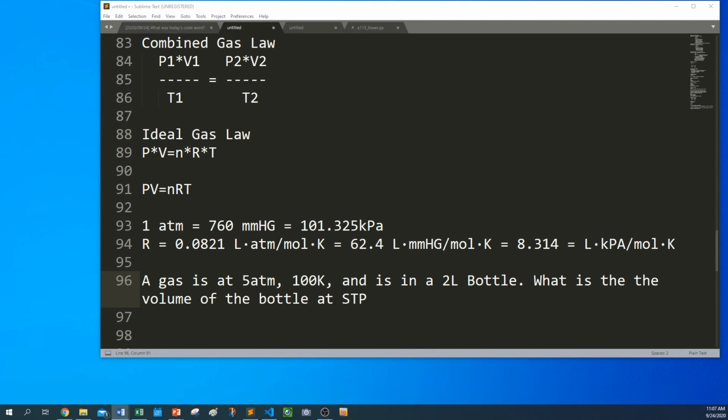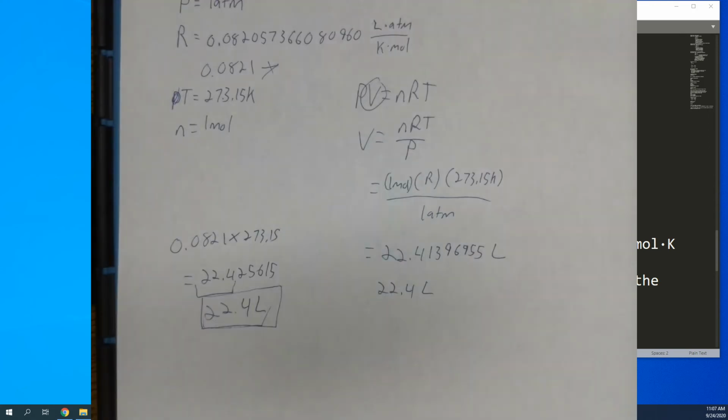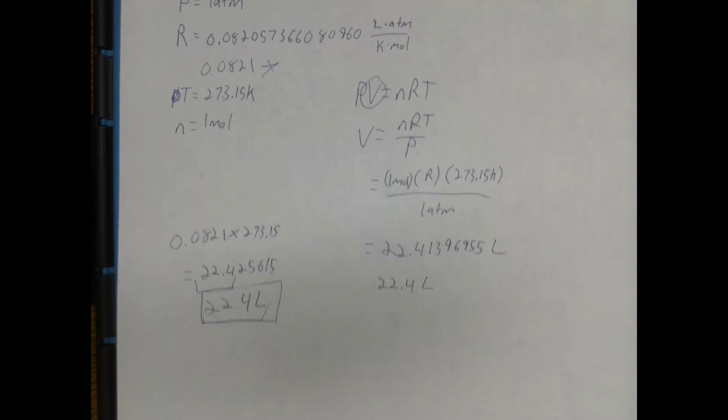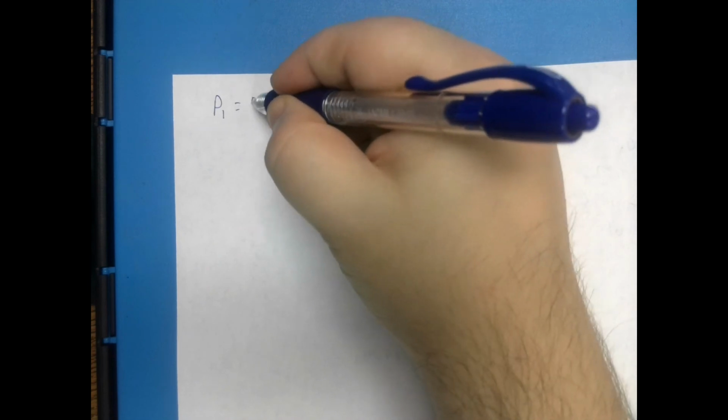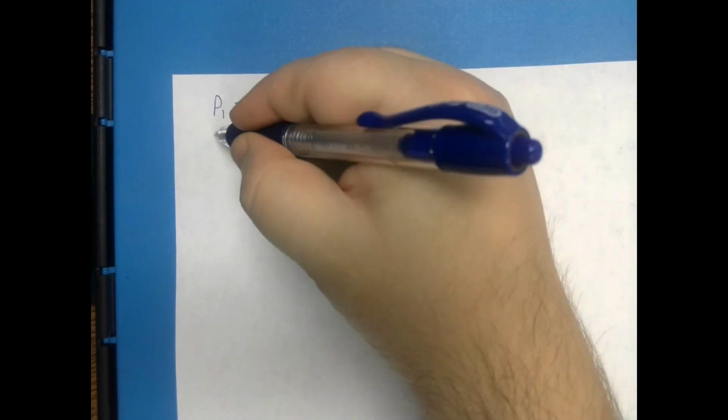So this example. Initial pressure was 5 atmospheres.